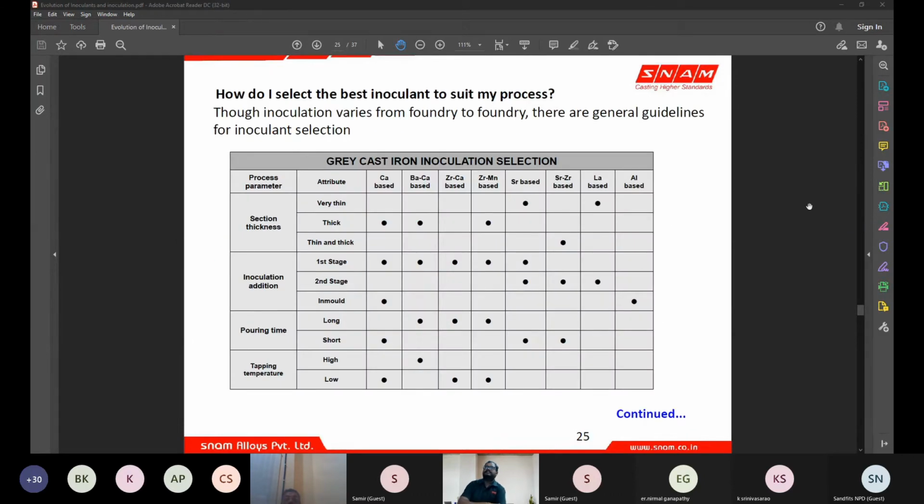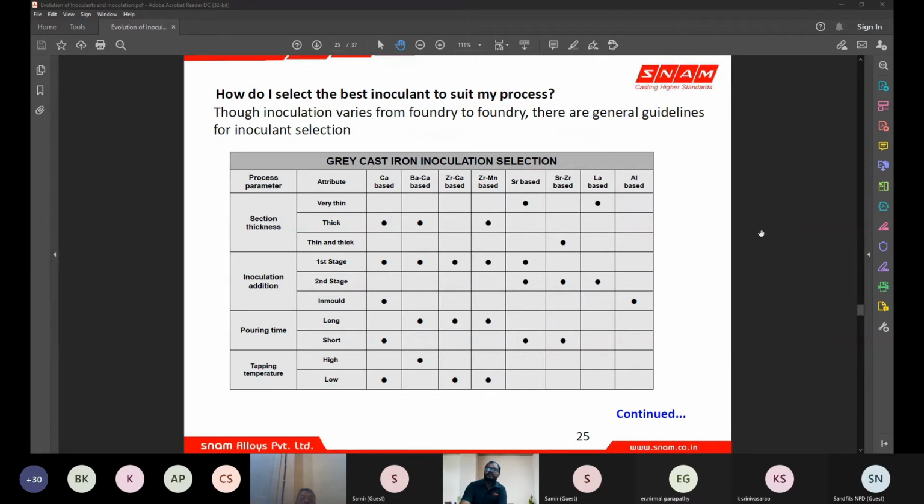So how do I select the best inoculant to suit my process? This classification is based upon our experiences, which we have seen in our customer foundries and out of our trials. Any inoculant for that matter should work in any metal. But as the casting complexity varies and as the casting requirements vary, specific inoculant requirements come into picture.